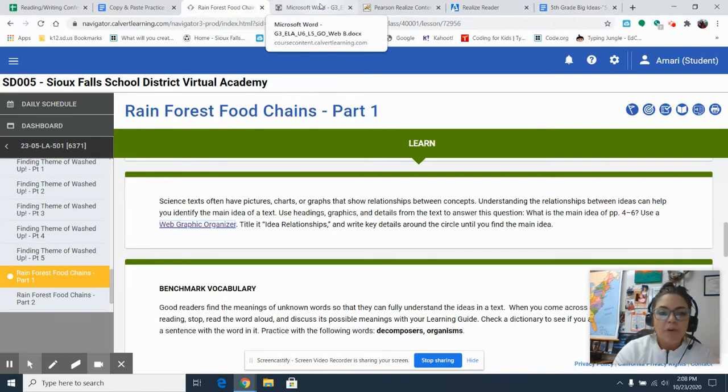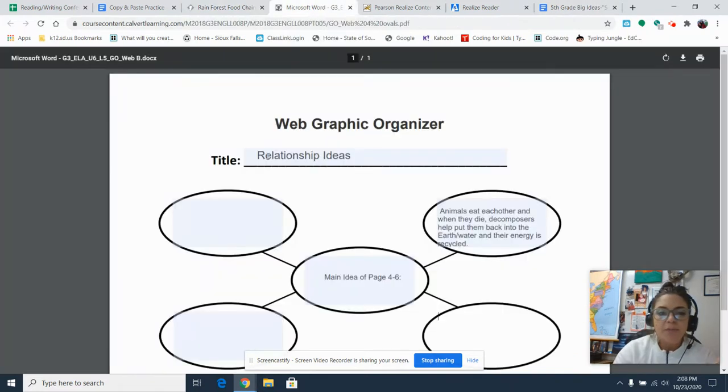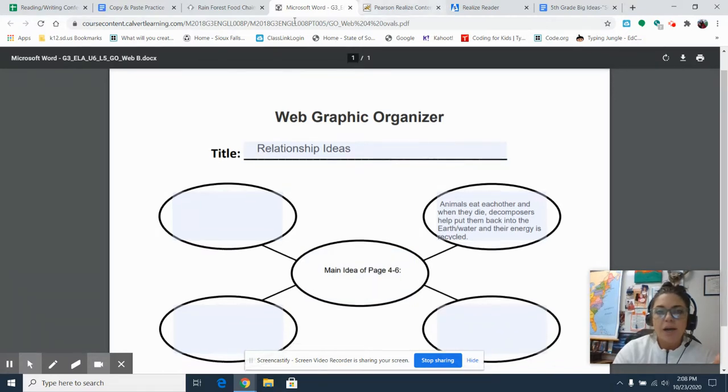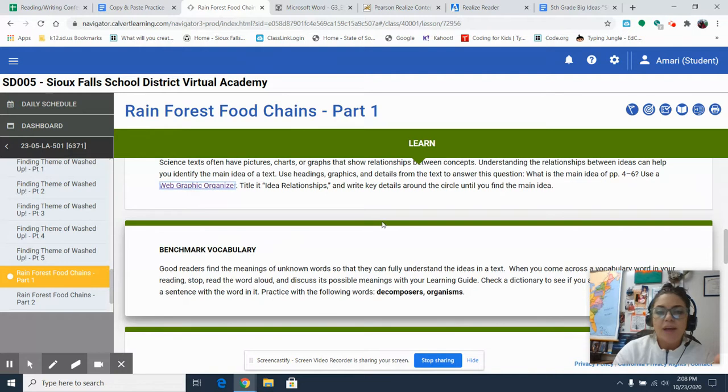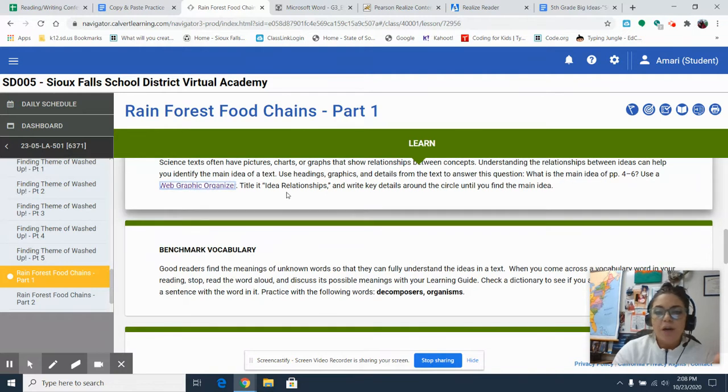So in your web graphic organizer, in the middle or up on top, you're going to title it Relationship Ideas. And down in the middle, main idea of page 4 through 6. I'm going to put my main idea in the middle. And I'm going to start with what the directions say here, that you're supposed to use headings, graphics, or details from the text to try to figure out the main idea and write those key details in or around that circle.